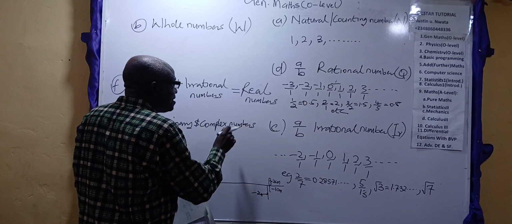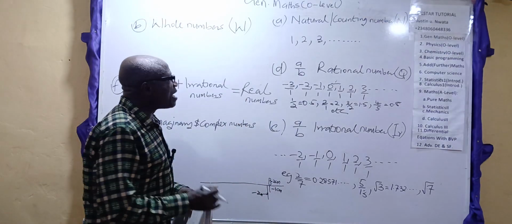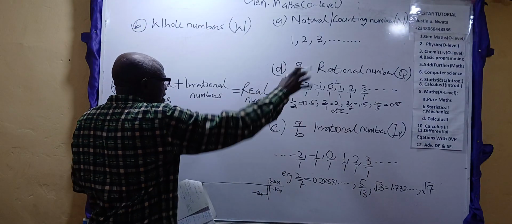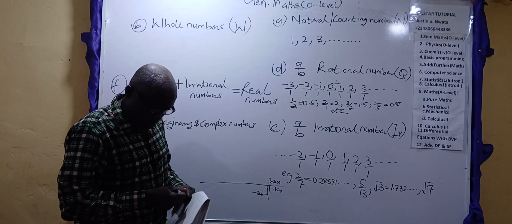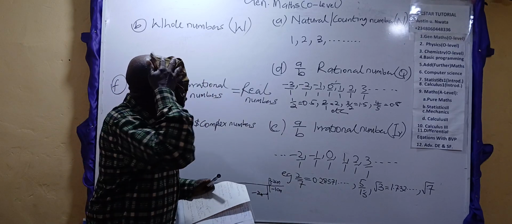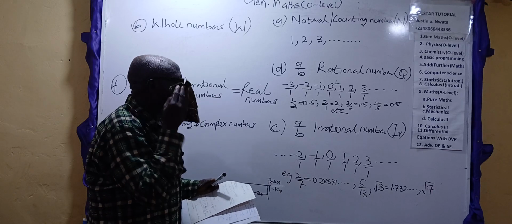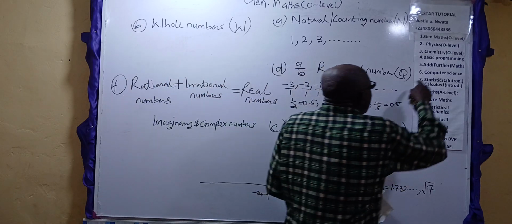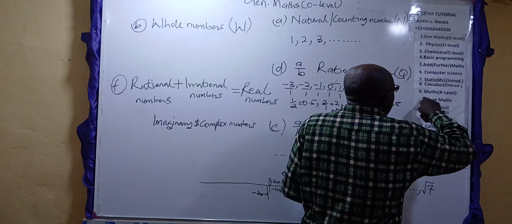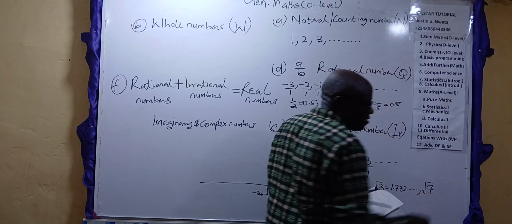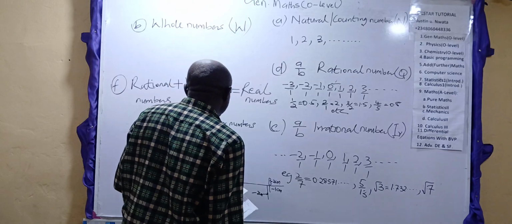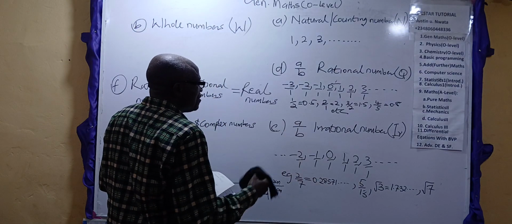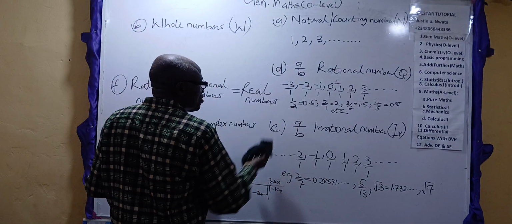This number system is the biggest bowl. Every other thing is inside here. But at this level of mathematics, we are not going to introduce it. It is beyond the scope of this general mathematics. We will introduce it when we come to additional or further mathematics, or pure mathematics under A level. But for now, the biggest housing of whatever we are doing is the real number system.